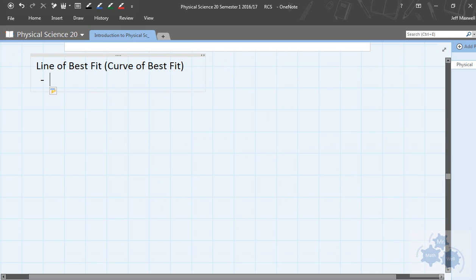So I want to talk to you about this line of best fit. Now, when we're graphing, a lot of times we will have points in the x and y that will form some sort of relationship.